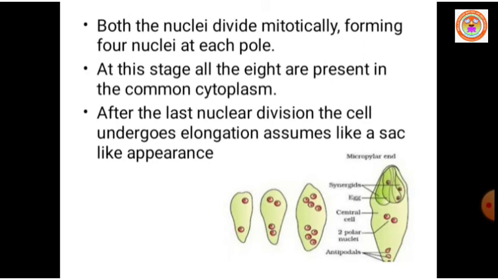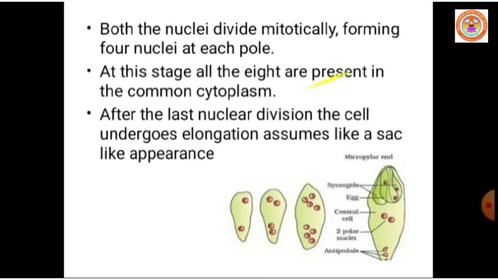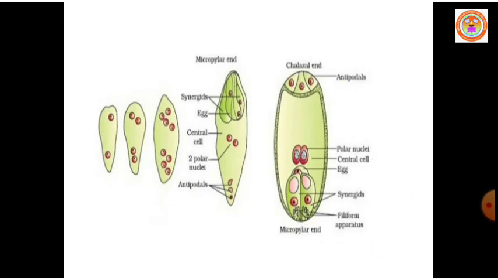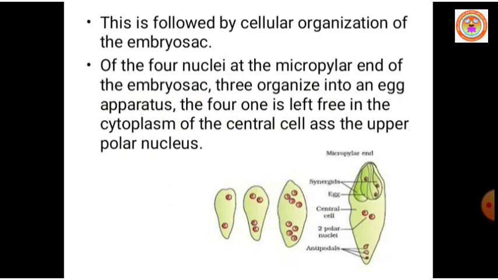After the last nuclear division, the cell undergoes further elongation and assumes a sac-like appearance. This is followed by cellular organization of the embryo sac.